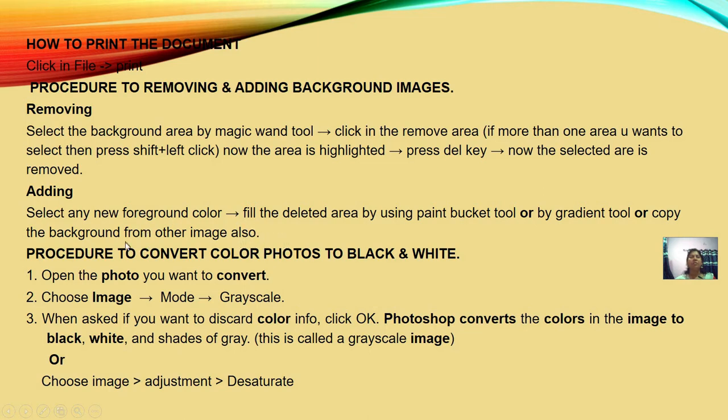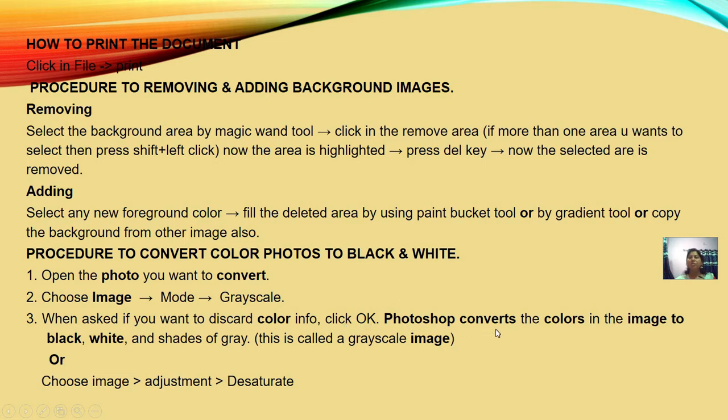Now the next one is: what is the procedure to convert your color photo to black and white? Open the photo you want to convert, then choose Image, then click on Mode, then click on Grayscale. When asked if you want to discard color info, click OK.